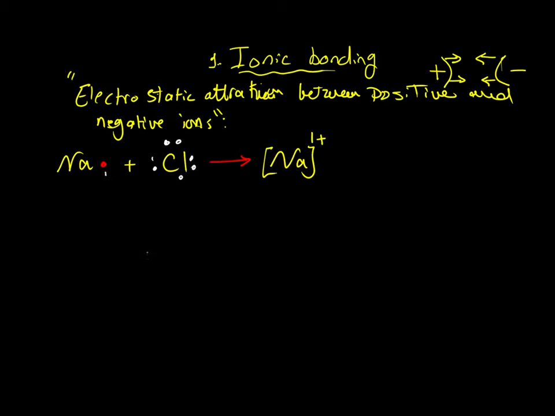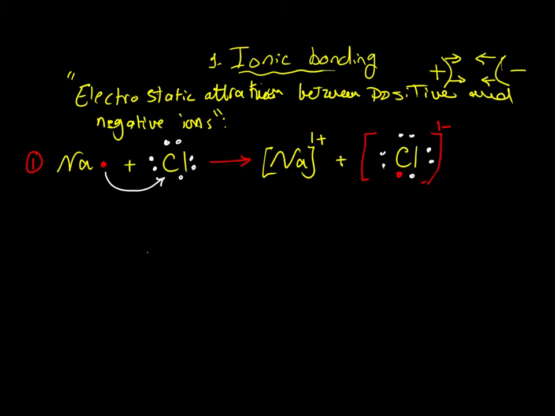It's going to gain this electron to have 8. 1, 2, 3, 4, 5, 6, 7, and you will add the 8th electron. Now Cl is a nonmetal atom and it will make a negative ion. This is the ionic bonding because simply they will attract together making a bond.